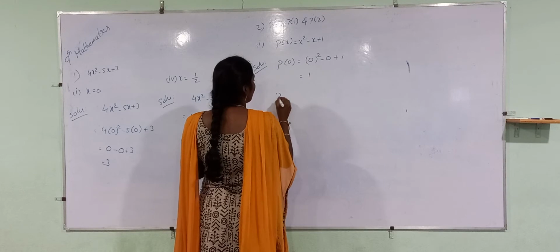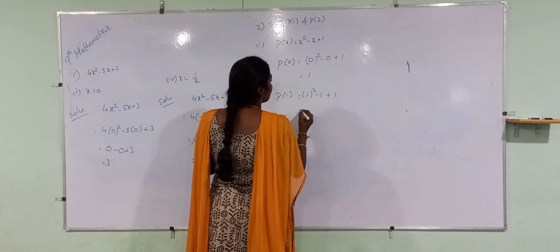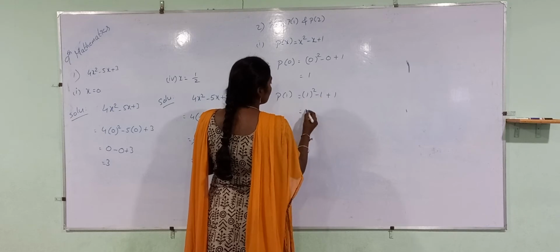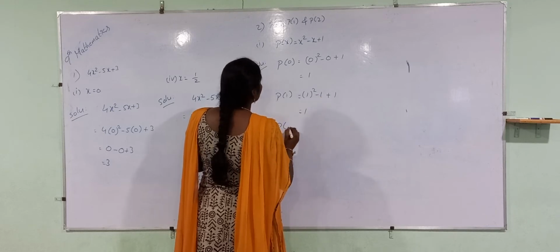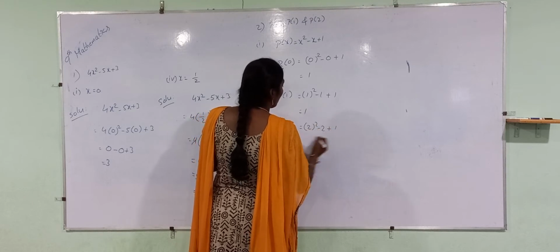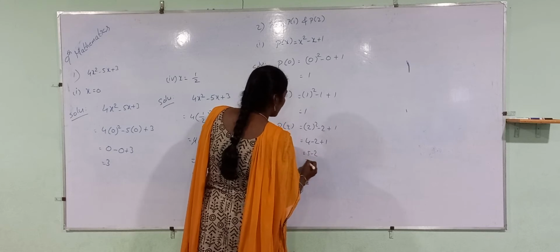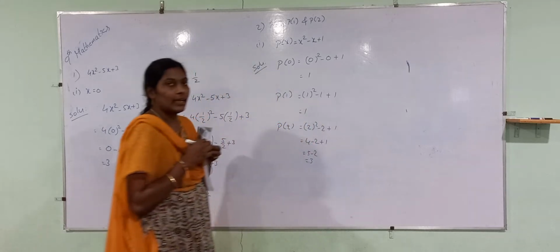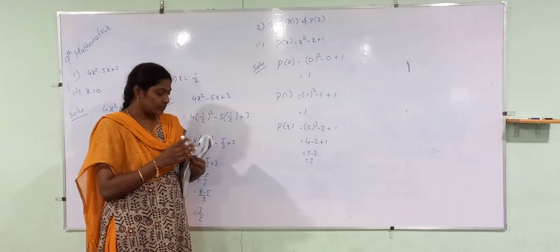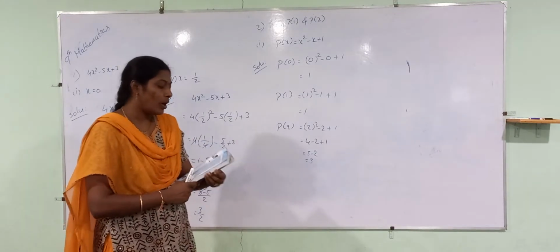Next you have to substitute P of 1: 1 square minus 1 plus 1. Minus 1 plus 1, 0. Answer is 1. Next, P of 2: 2 square minus 2 plus 1. 4 minus 2 plus 1. 5 minus 2. Answer is 3. Simple. Same way, do the remaining all.